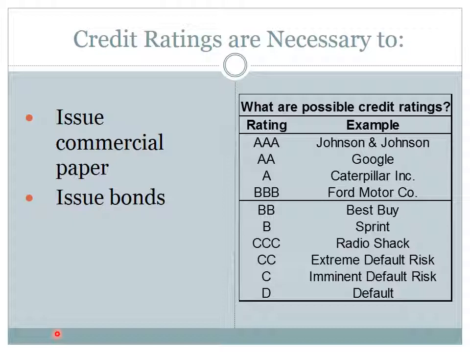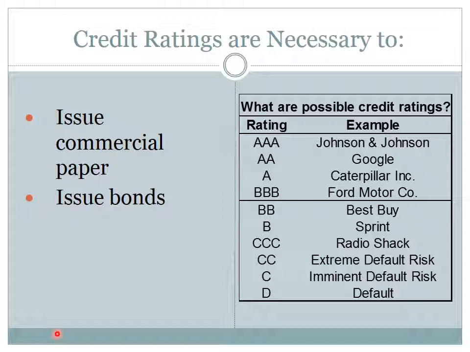So, very few that are triple A rated. Google is AA. Caterpillar would be an example of an A-rated bond. Ford Motor Company, as of a couple months ago, was still investment grade, triple B rated, and I think if anything it might be going up a little bit.